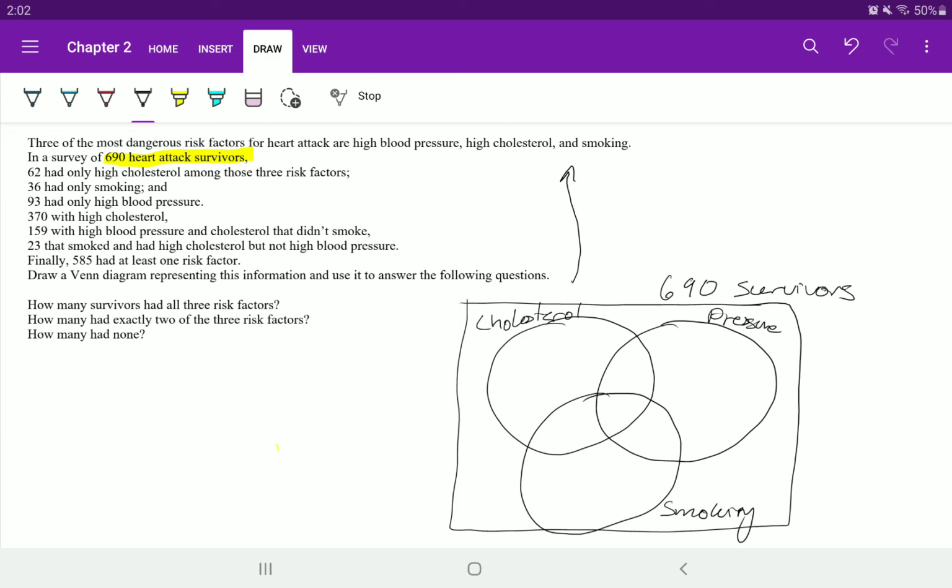585 had at least one of the risk factors. If you watched the previous video, at least means that number or more. So saying at least one equals one risk factor or more.